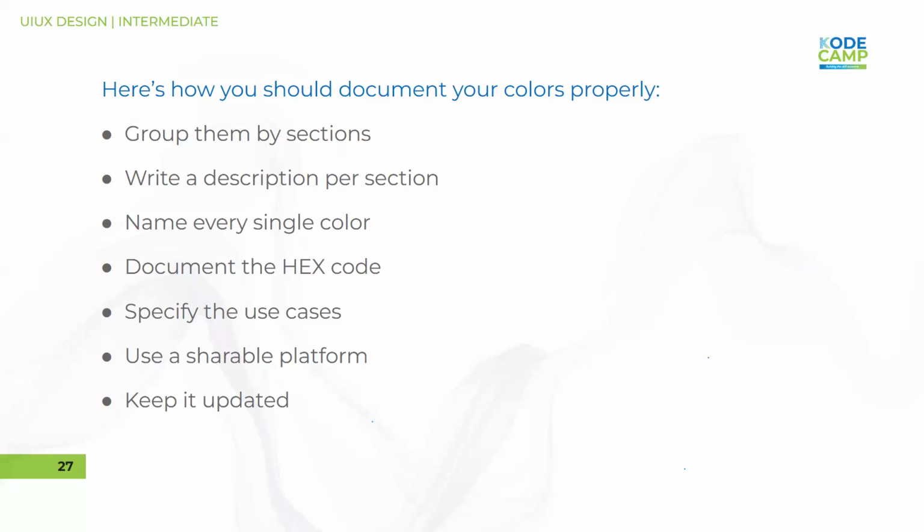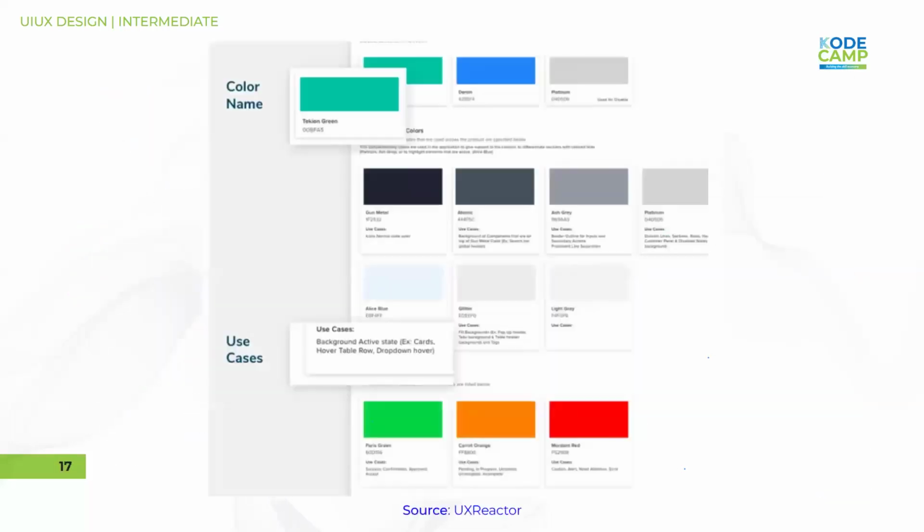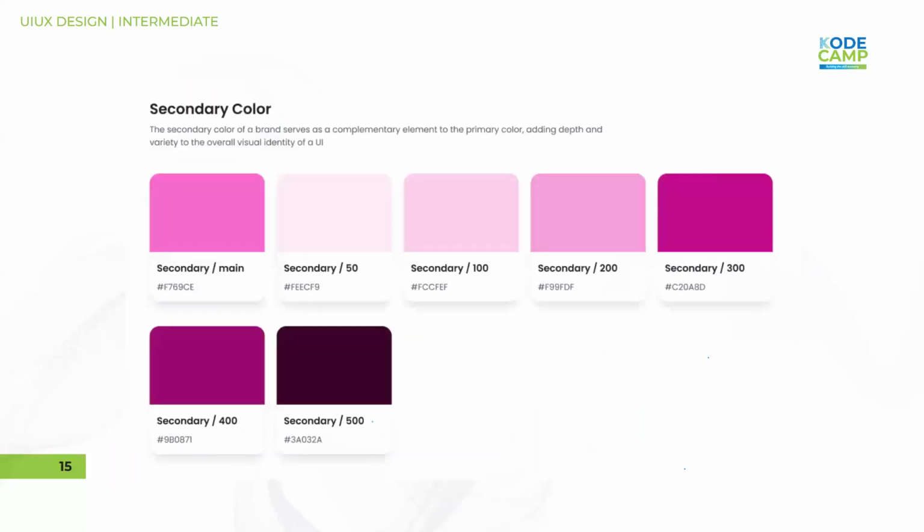All right. So let's go back to where we had our color here. If you see on this secondary color, I grouped them. I just said this section is for secondary color. Okay. And also after that, there's a description where I have written: secondary color of a brand serves as a complement element to the primary color, adding depth and variety to the overall UI identity.